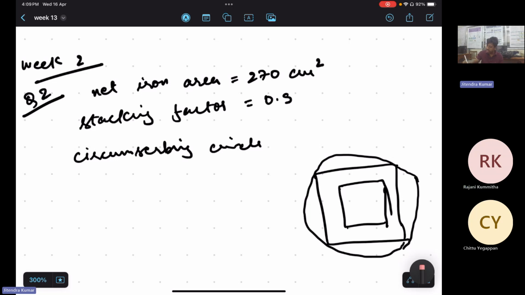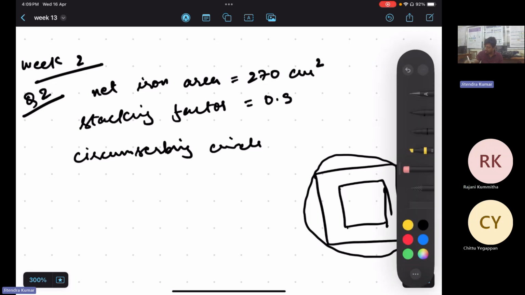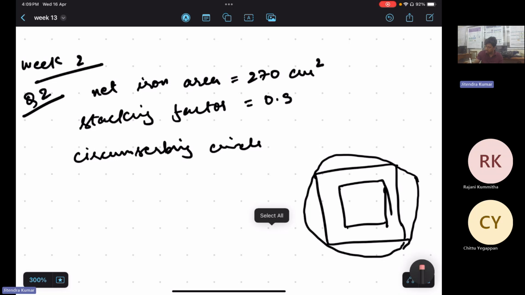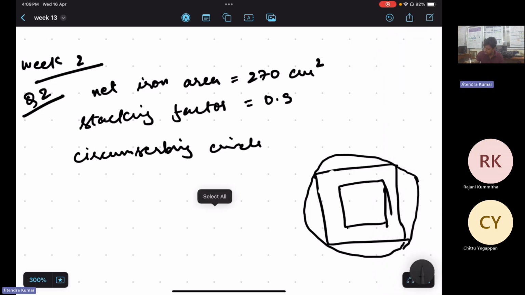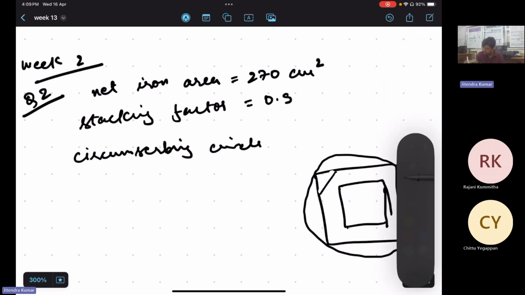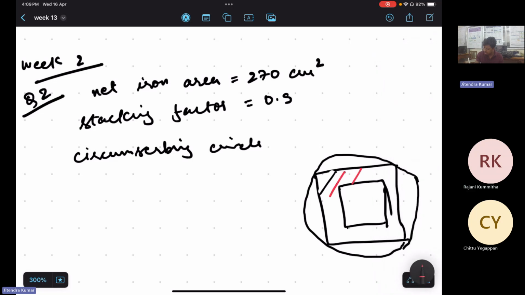Always, whenever area is mentioned in the problem, what to consider? Cross section. And what I mean by cross section is this section.